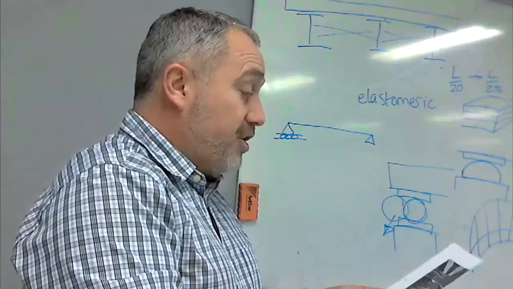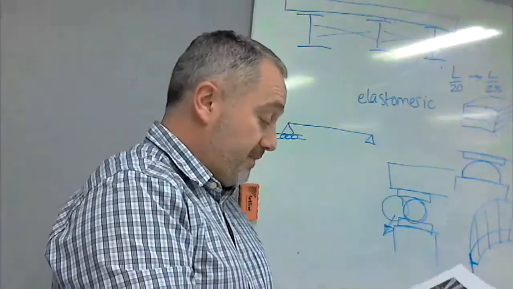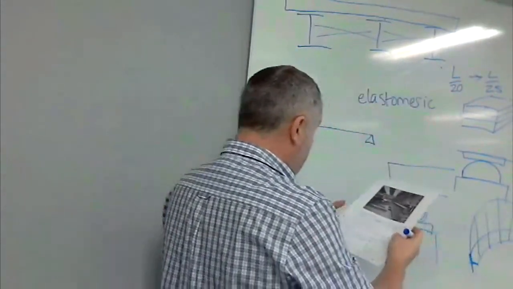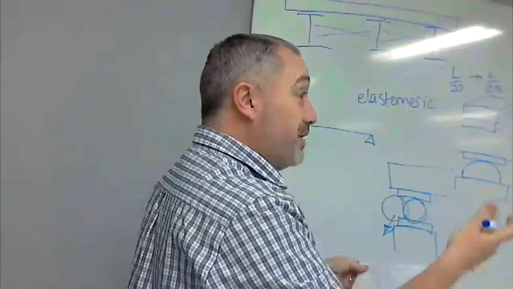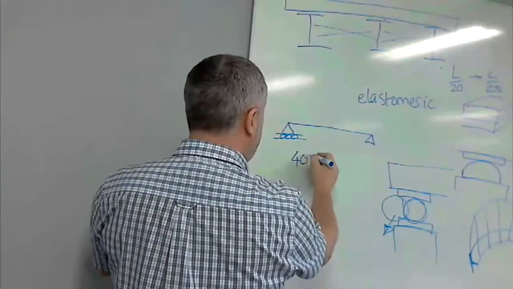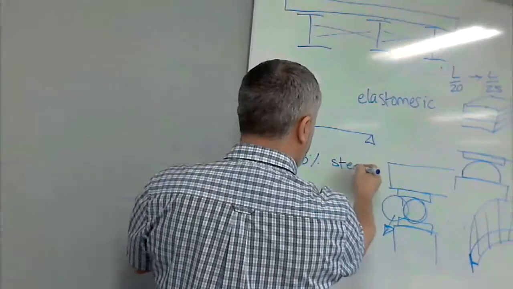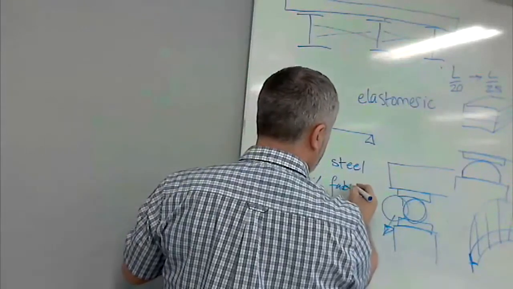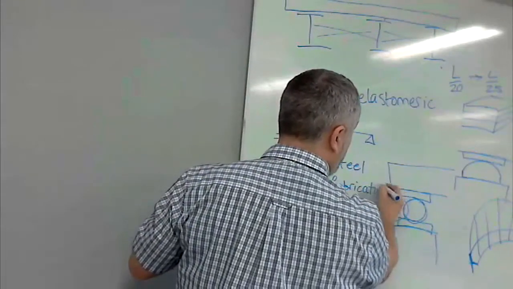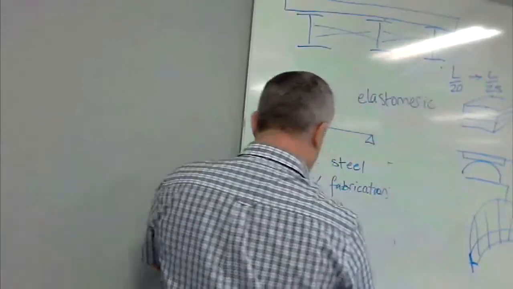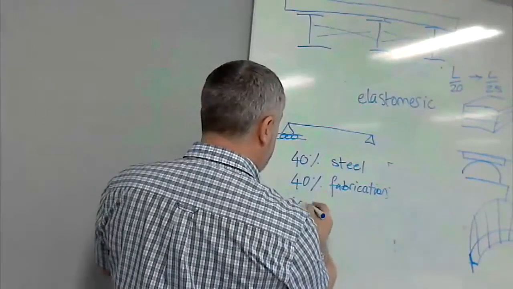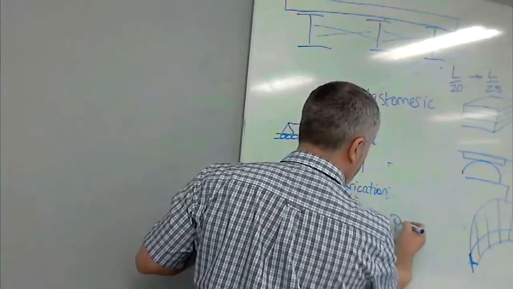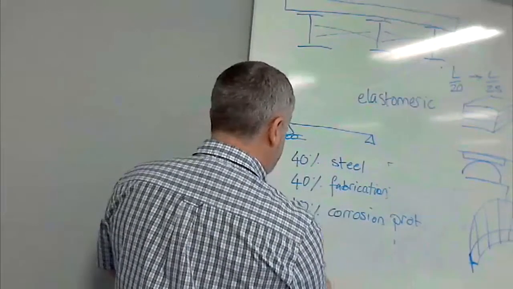In terms of the costing of a bridge, it all depends upon the fabrication and the particular cost of steel. So when you come to the cost of a bridge, 40% is the steel itself, 40% is the fabrication, that's how much it's costing them to make the whole thing, and then 10% is the corrosion protection and 10% is the erection.